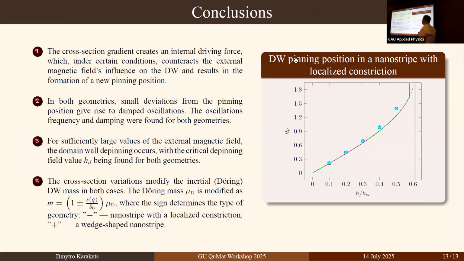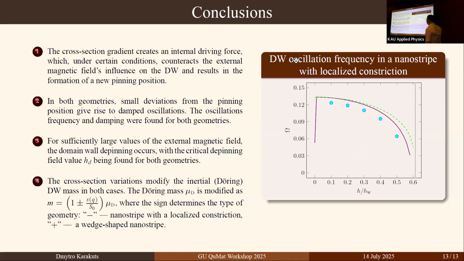So, in conclusion, the cross-section gradient creates an external driving force, which under certain conditions can counteract the external magnetic field and create a new pinning position. Near this pinning position, for small deviations due to small external magnetic fields, we arrive at oscillations near a pinning position.